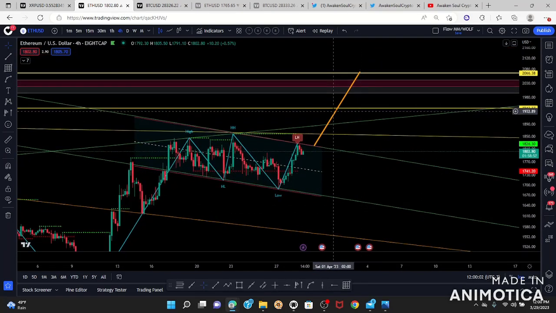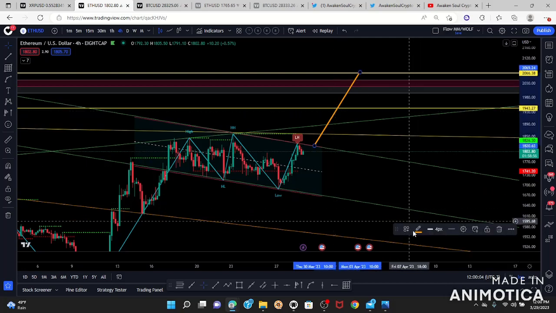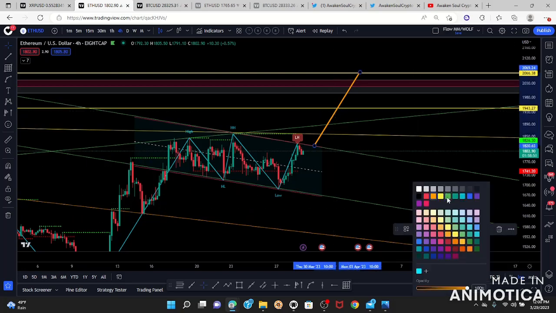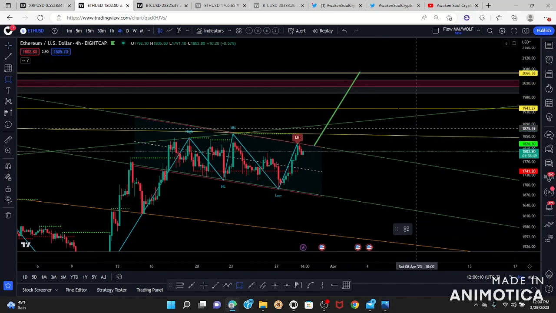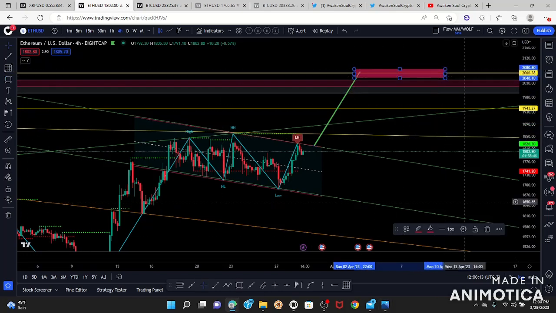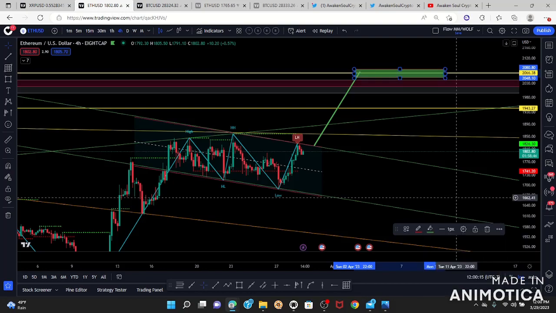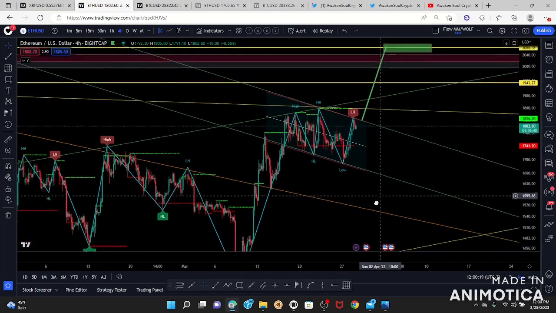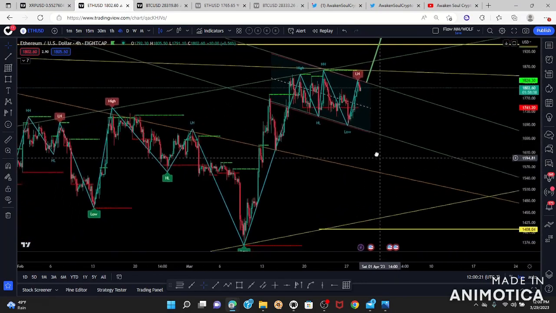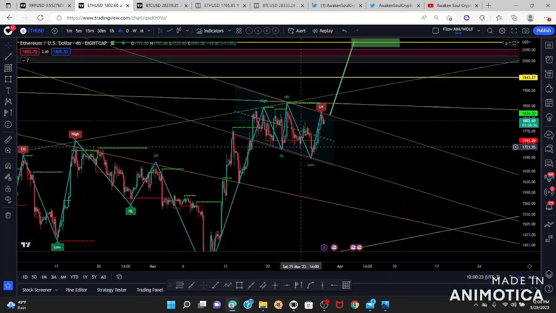Okay, and this would be my 4 hour target, flagpole target. Let me color it. Then let me highlight it really quick here. So I know this is also a 4 hour. Another thing, just like I have a bullish target, always consider a bearish target.